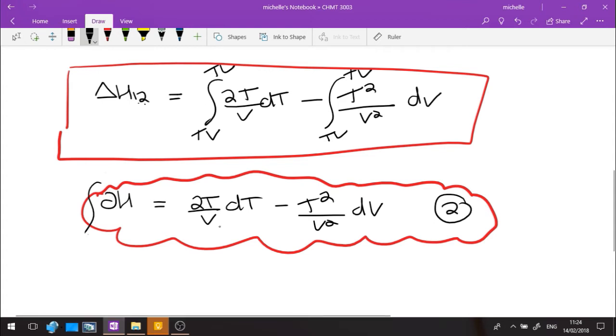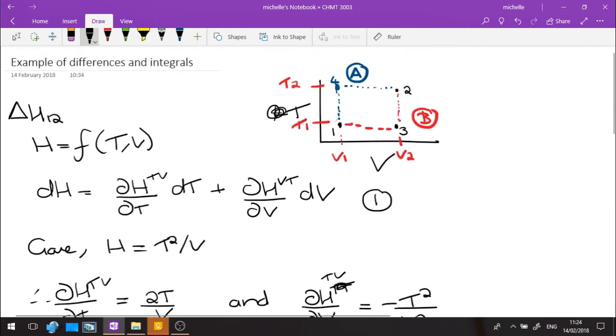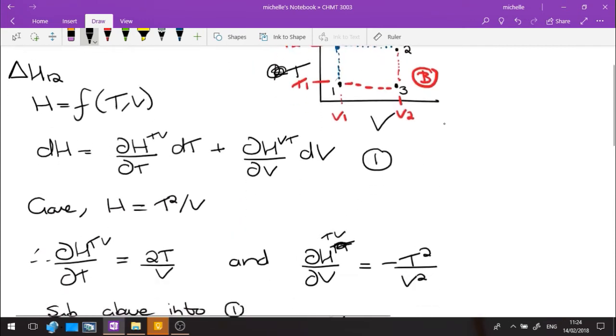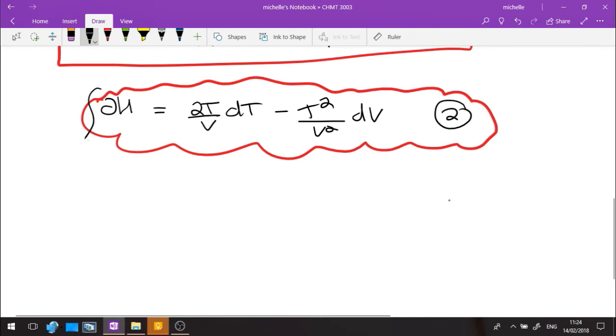You go, oh wow, that's actually this total differential. Once I know my function, what is defined in this system, I can actually find the delta H between 2 points. If I keep V constant, you go, yes, exactly, that's how powerful the total differential is.